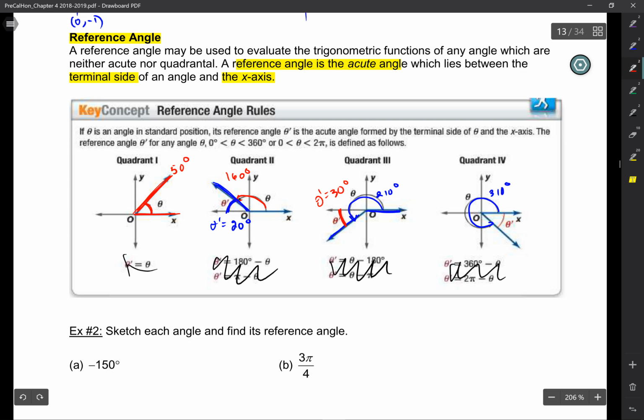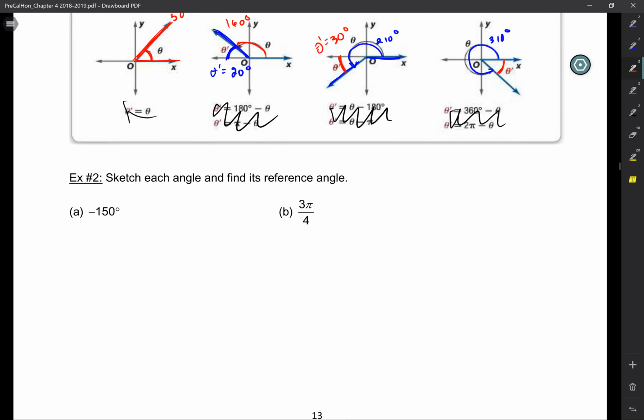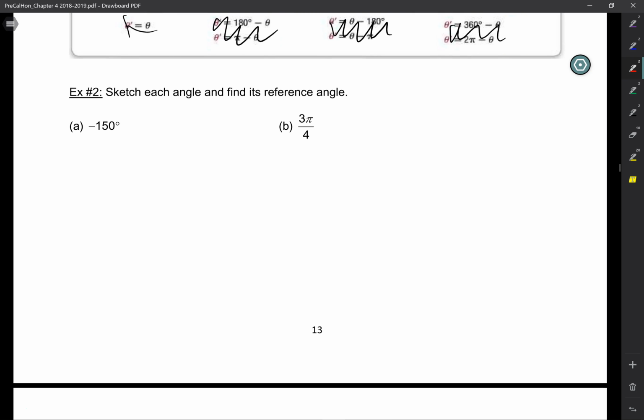The reference angle is the balance between the terminal side and the nearest x-axis. So it's 310 degrees. How much more do I have to go to make it a full circle? 50. So that's the reference angle. Never, ever, ever do this like theta minus, I don't even know what that is. Theta prime, that's reference angle.